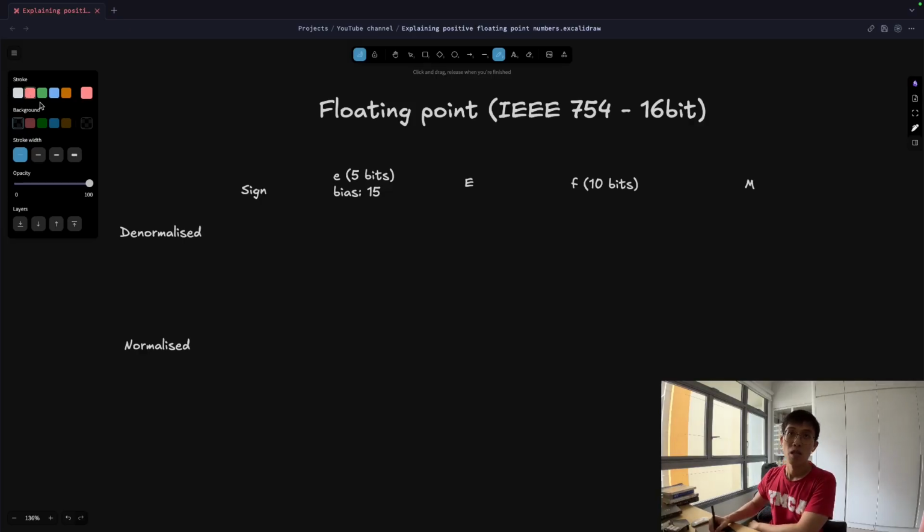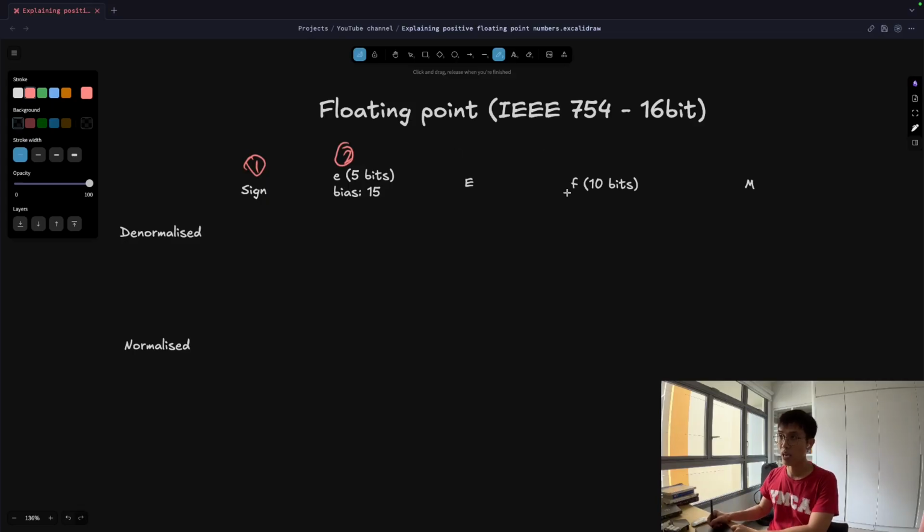The first one is the sign bit. That just takes one bit. The second part is what we'll call the lowercase e bits. It's sort of the exponent bits, but it's a little bit more involved than just being a simple exponent. So we'll get to it.